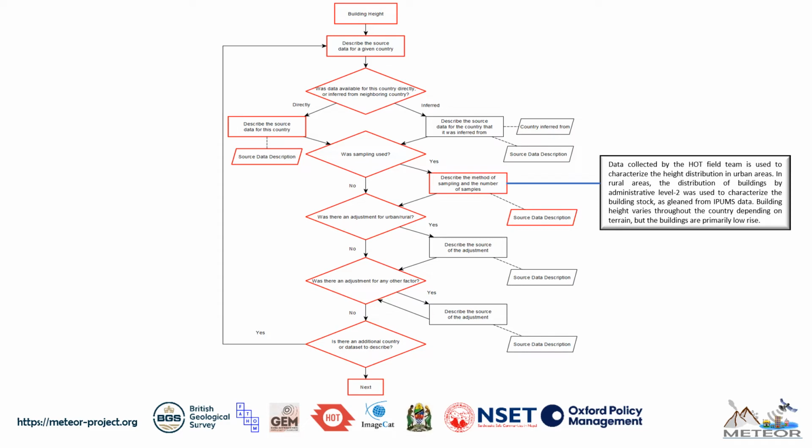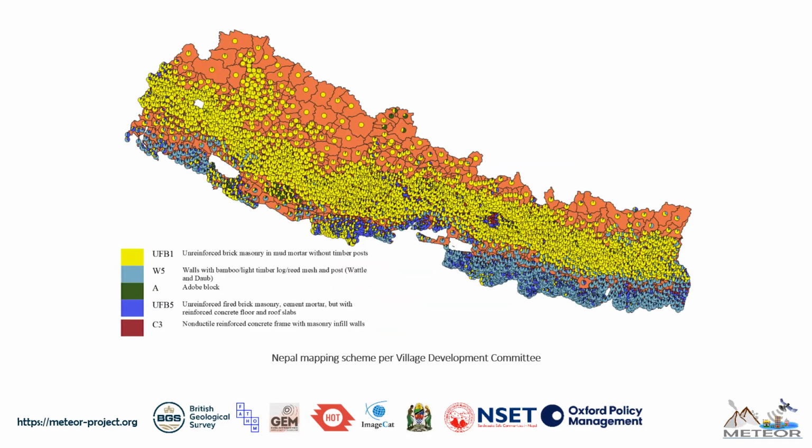Building heights vary throughout the country and are typically dependent on the terrain and urbanity of the region. From our data collection exercise, we observed that most structures are primarily low-rise.